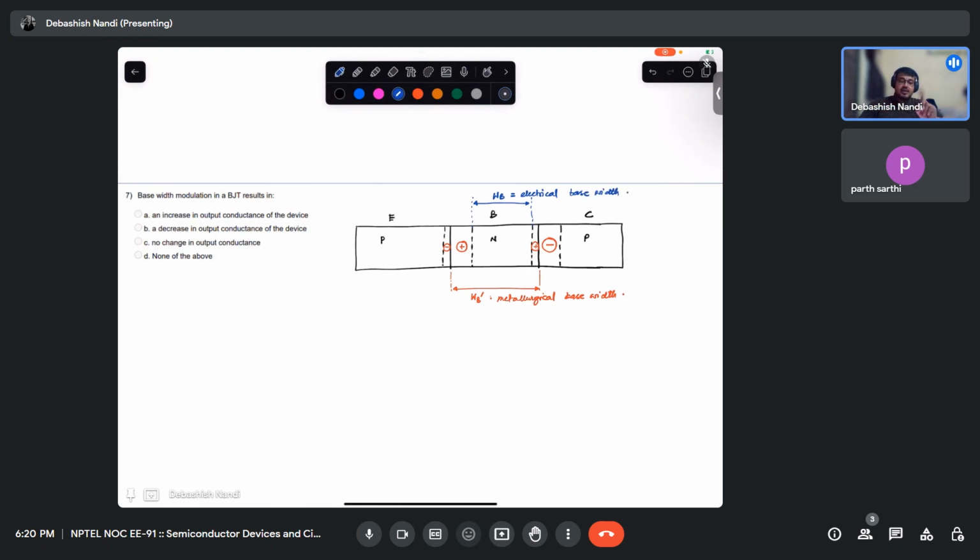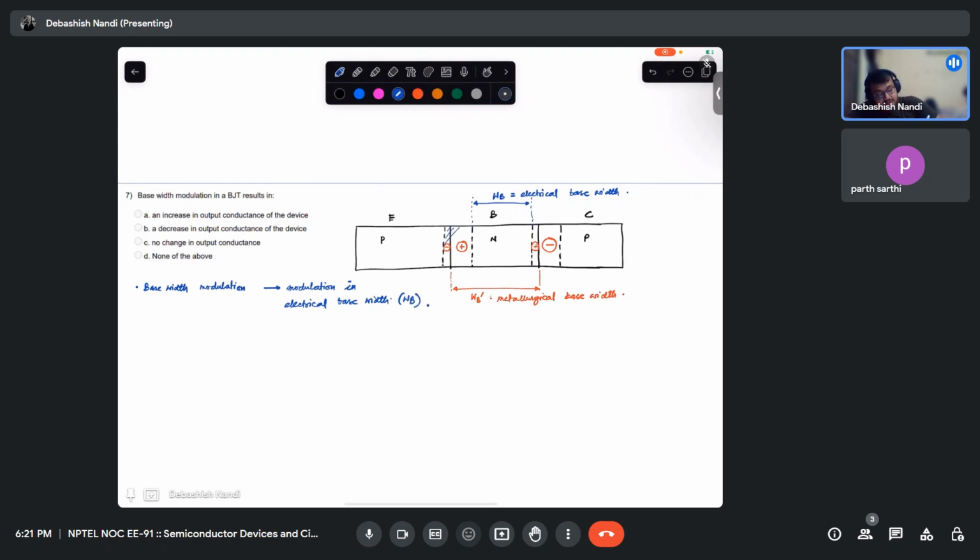So first thing, when we discuss base width modulation, base width modulation refers to modulation in the electrical base width WB, this quantity.